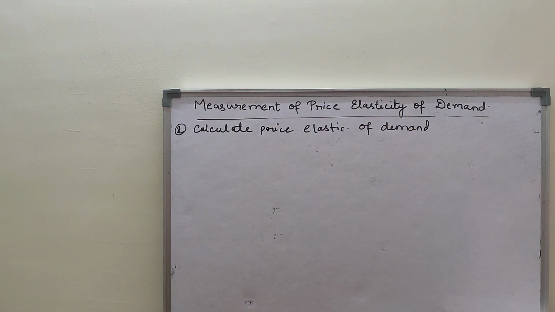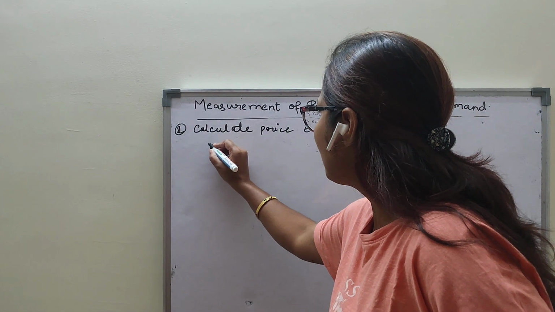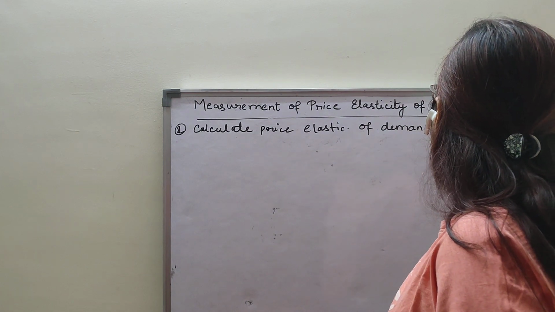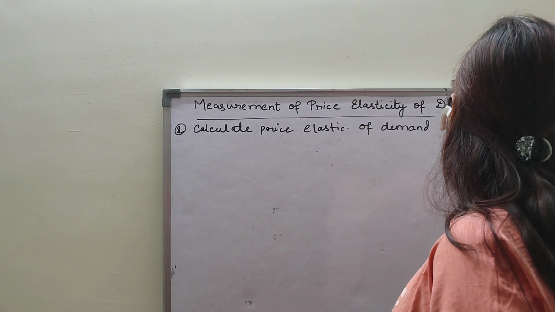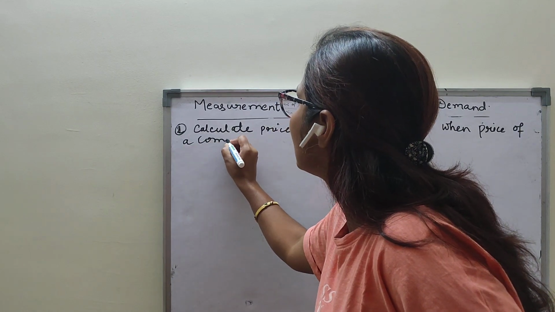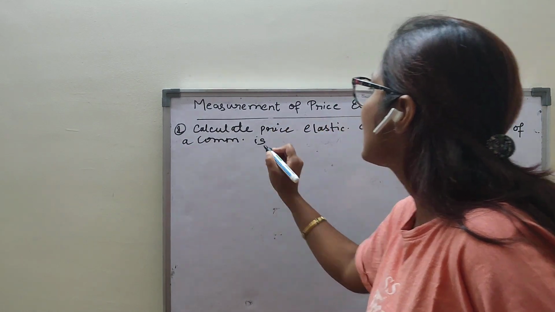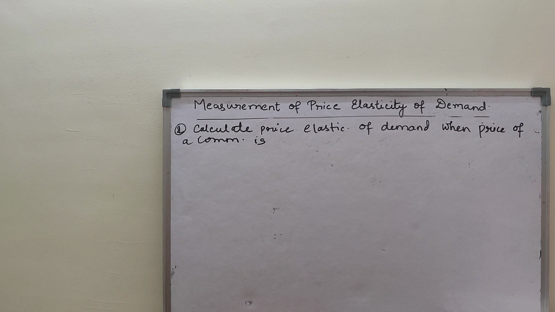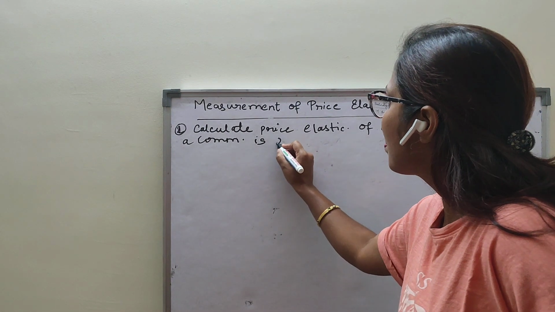We have to calculate price elasticity of demand when the price of a commodity is rupees 10 per unit.